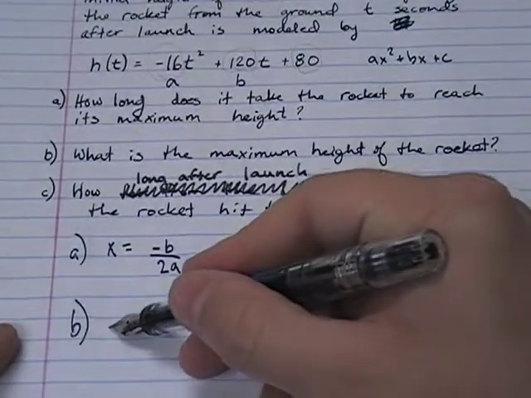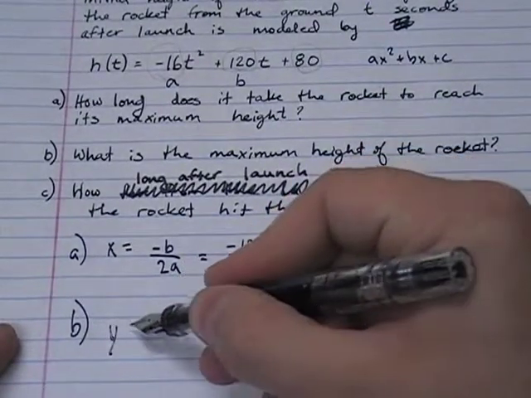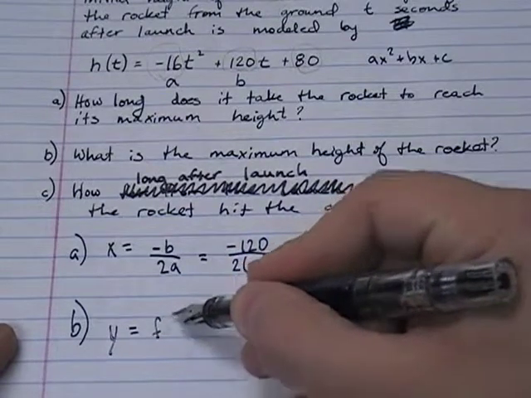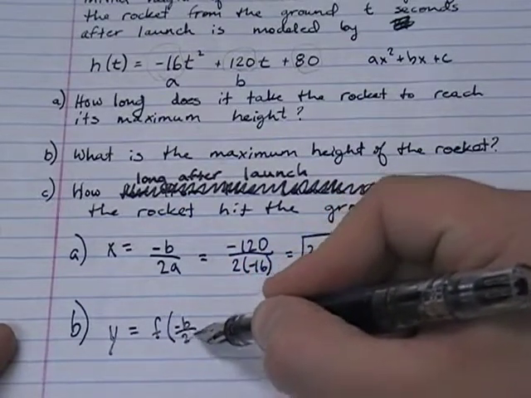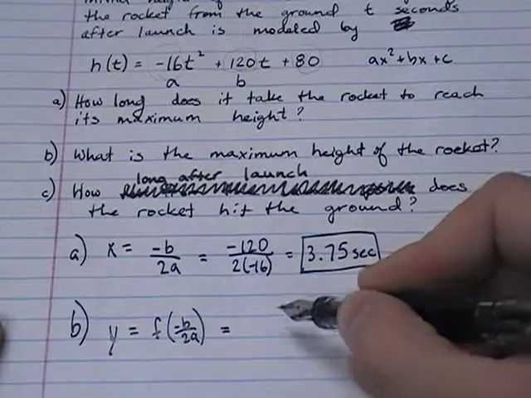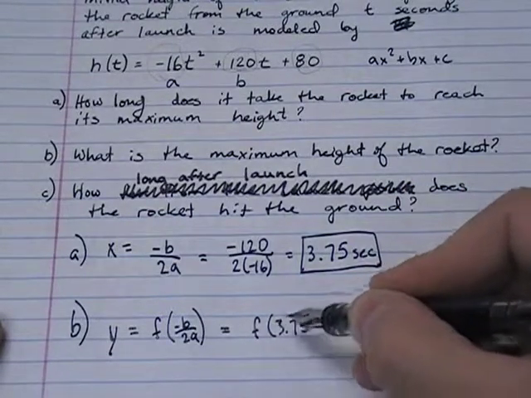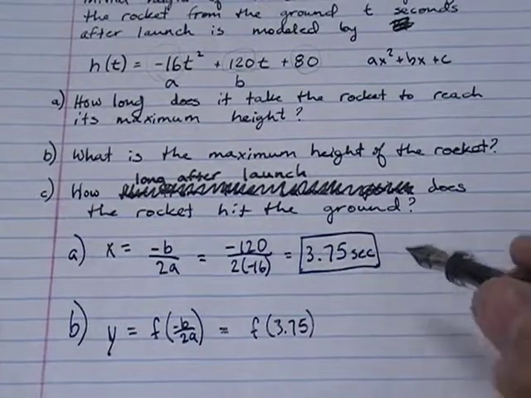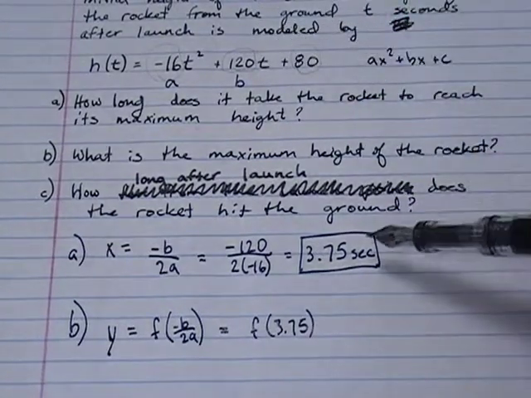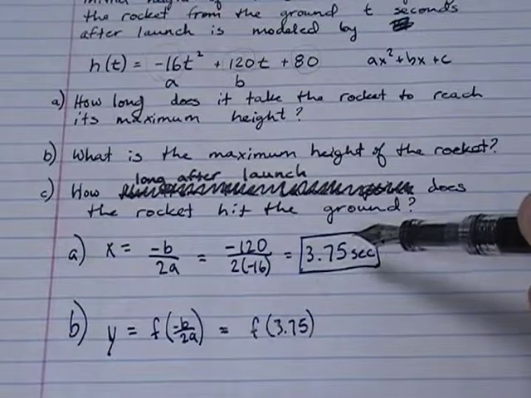Well, the y-coordinate of the vertex equals f of negative b over 2a, which is f of 3.75. So basically what I need to do is take my equation and plug in this number for t.